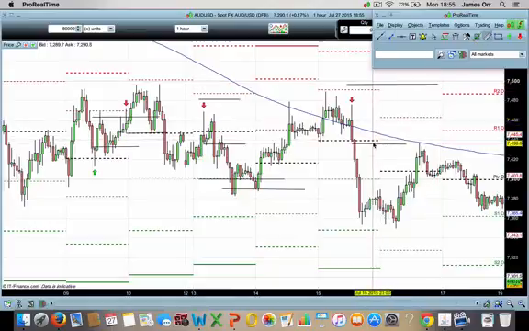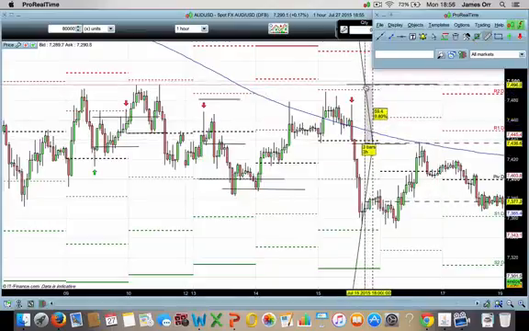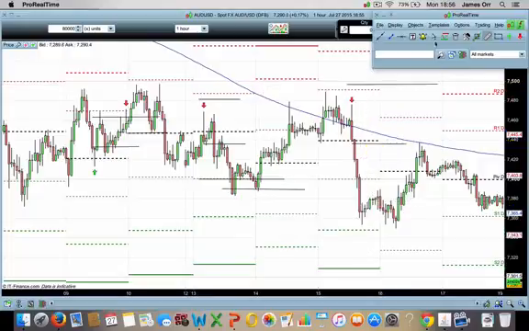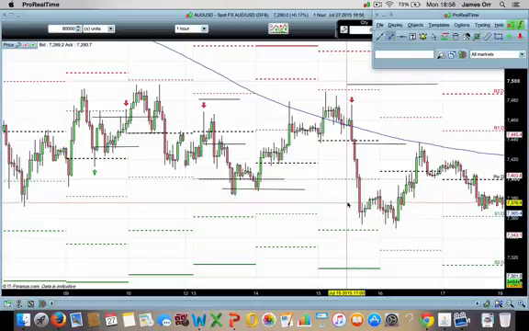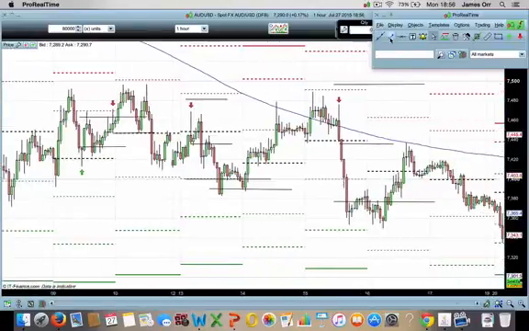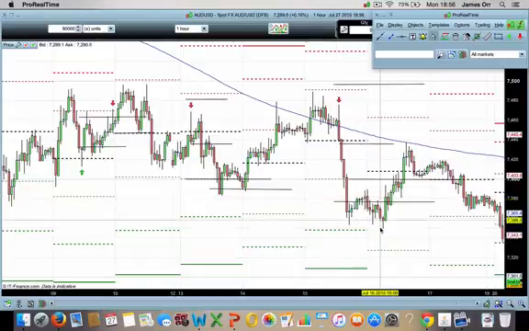Your first target is 7377.2. Let's just make it there. And your stop goes to the pivot point right here. Oops. Once it gets to 1-to-1, and it comes back up and stops you out.